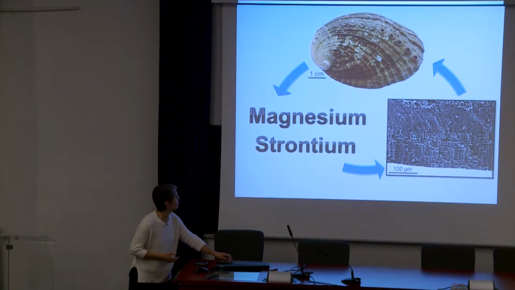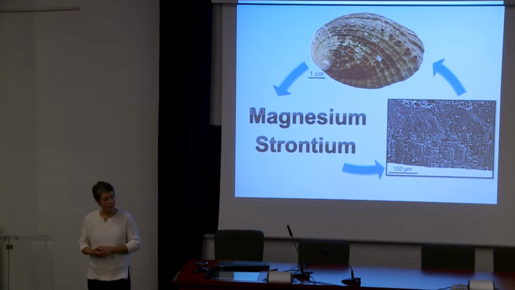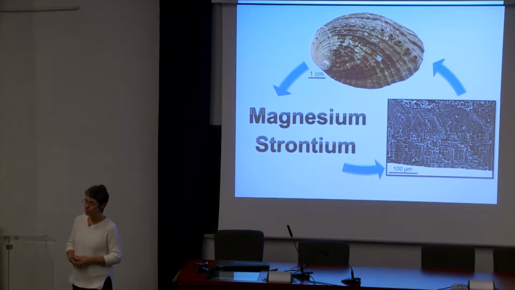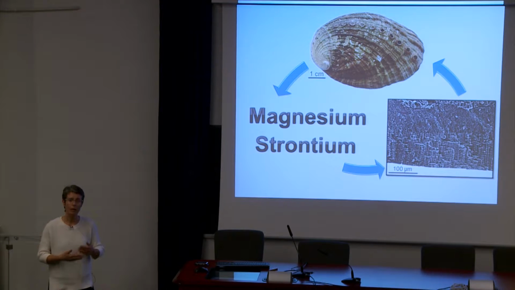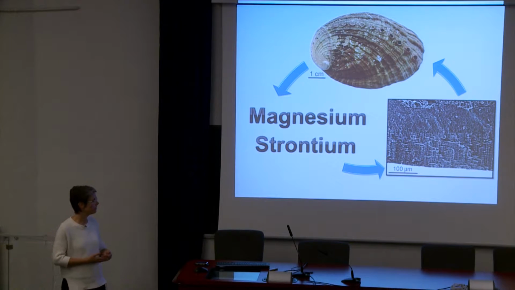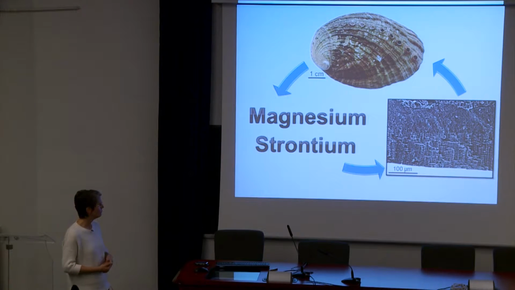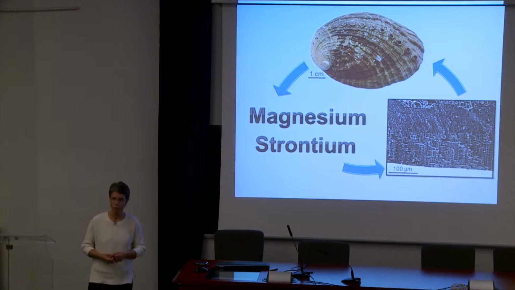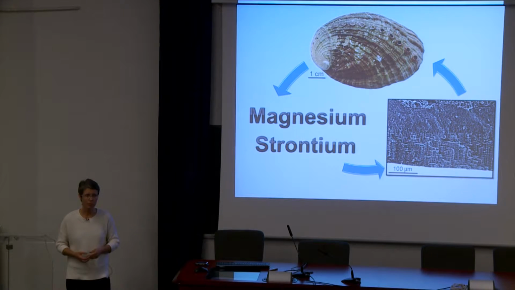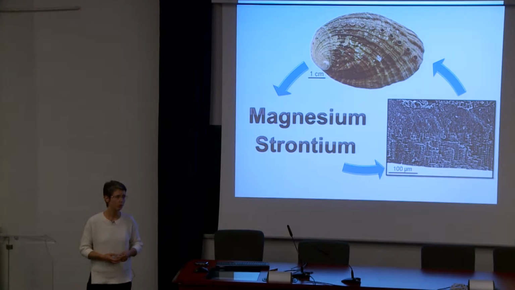In this context, we decided to investigate the geochemical composition of the shell and try to relate the trace element composition to the shell microstructure. We first worked on magnesium and strontium because these elements might be used as elemental tracers.